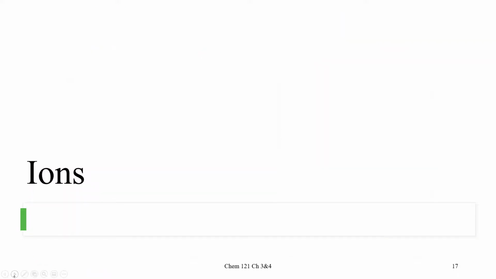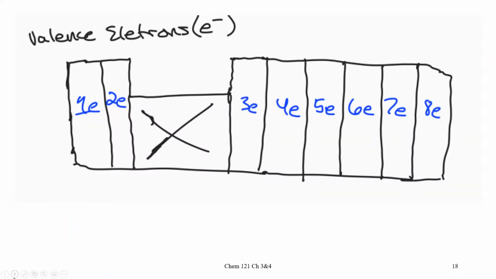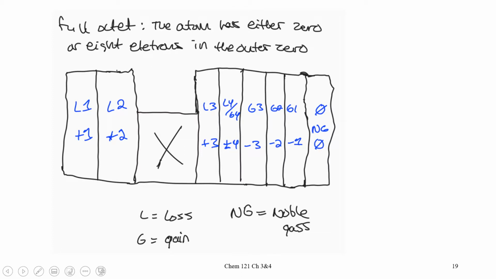So let's look at some ions. We have the valence electrons, and we go from the left column: 1, 2, skip the transition metals, 4, 5, 6, 7, and 8. Those will be your valence electrons for each of those columns. Then we know that a full octet is when the atom wants to be 0 or 8 in the outer shell.